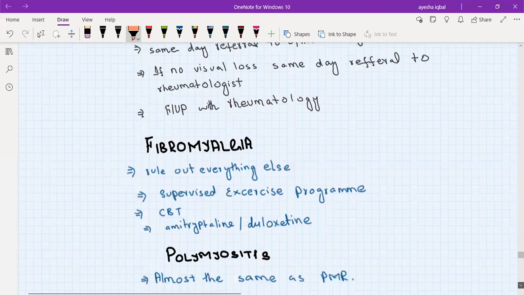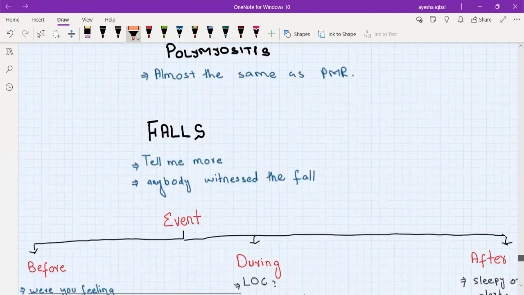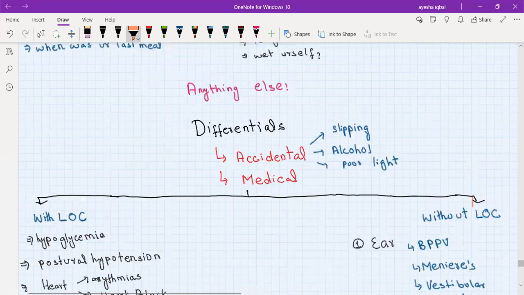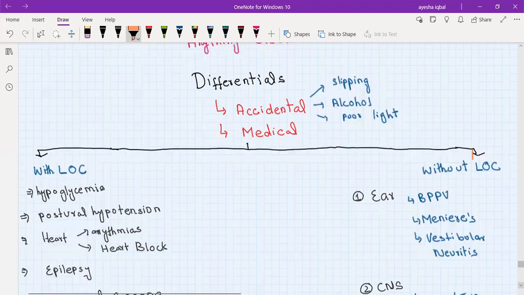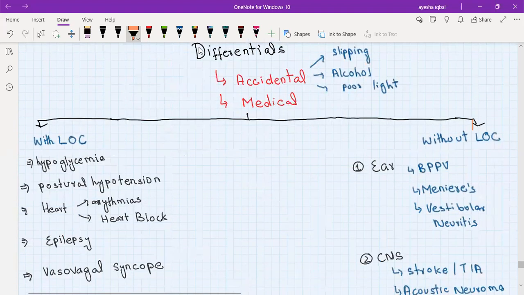Now the medical causes. The first question in the medical causes after ruling out the accidental causes is the loss of consciousness, because medical causes we can divide into with loss of consciousness and without loss of consciousness.